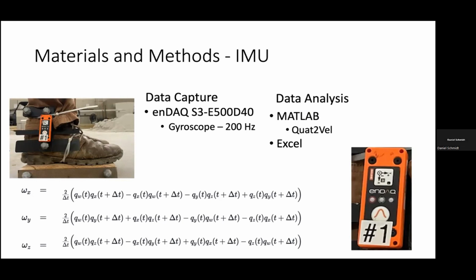For data analysis, we're using MATLAB, a script that I wrote using the equations listed there. The IMU spits out everything in quaternions, and so we have to change that into angular velocity so we can comprehend it. Quaternions are a little abstract and hard. They're all matrix based. And then I did some analysis in Excel.